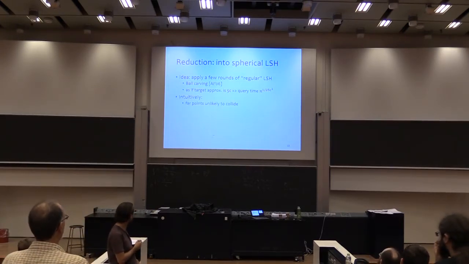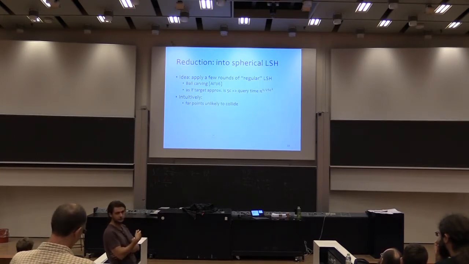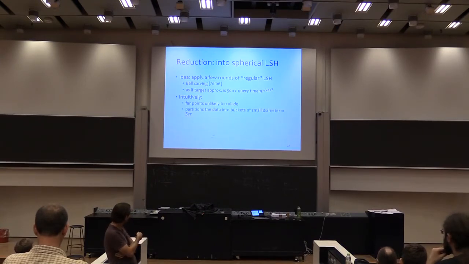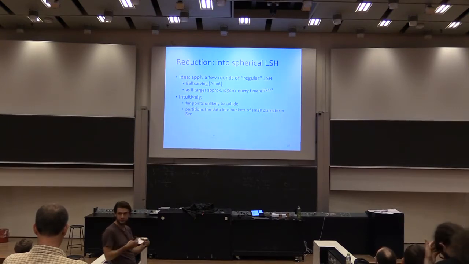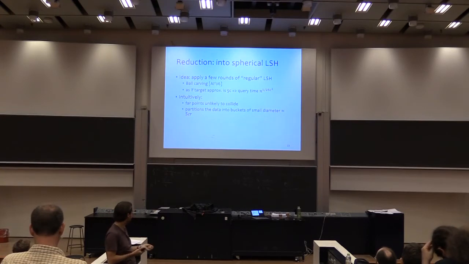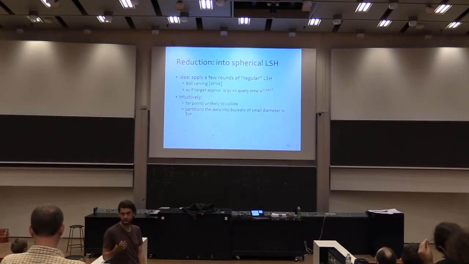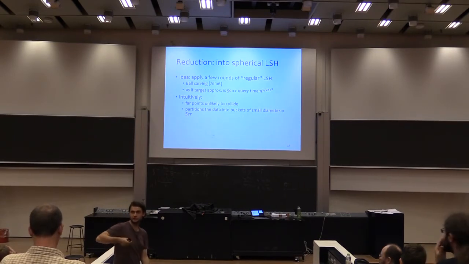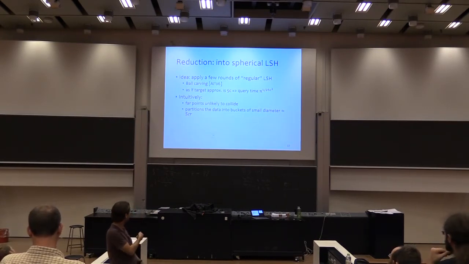What this achieves is that LSH is naturally designed such that far points are unlikely to collide. So if we prepare for approximation, say 5C, then all the data is partitioned into buckets where the diameter should be roughly 5CR. So preparing for approximation 5C, this means that, again, 5 is an arbitrary number here, it doesn't matter that much.